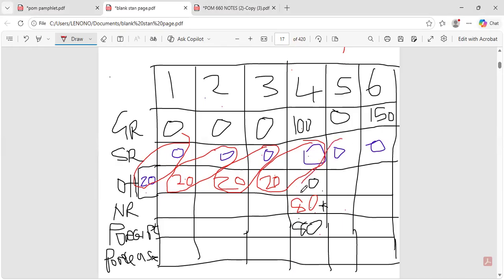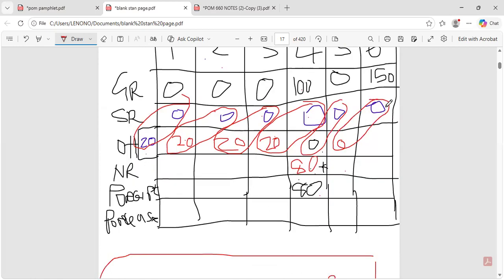Then 0 plus 0 in this week, 0 plus 0 minus 0 is 0. Then the other one is 0 plus 0 minus 150. What happens? 0 plus 0 minus 150. Negative 150. Bear in mind that this is your net requirement. It's 150.